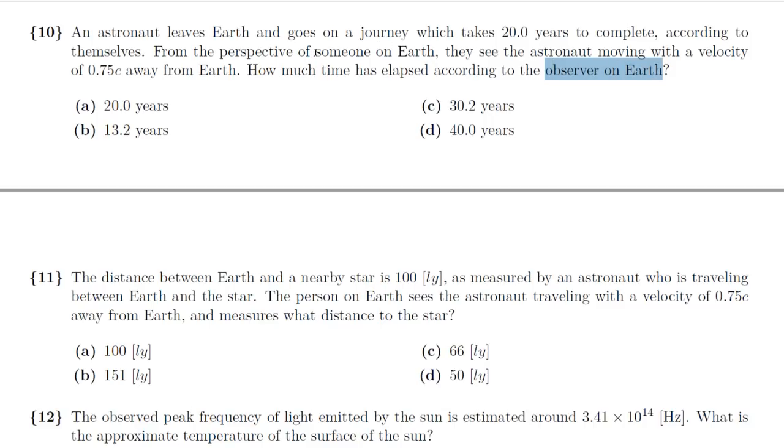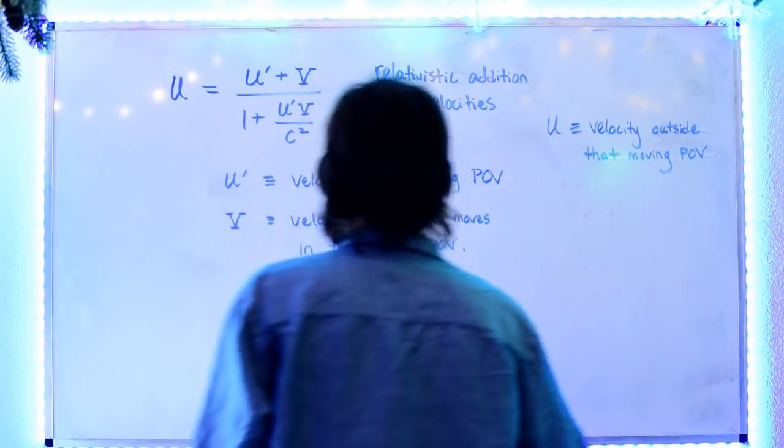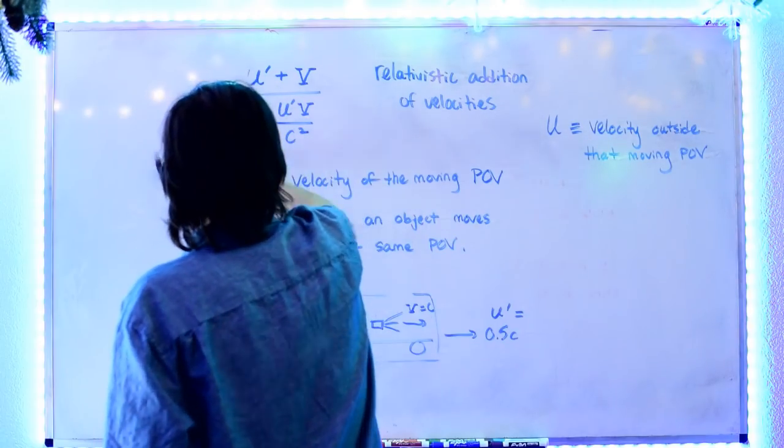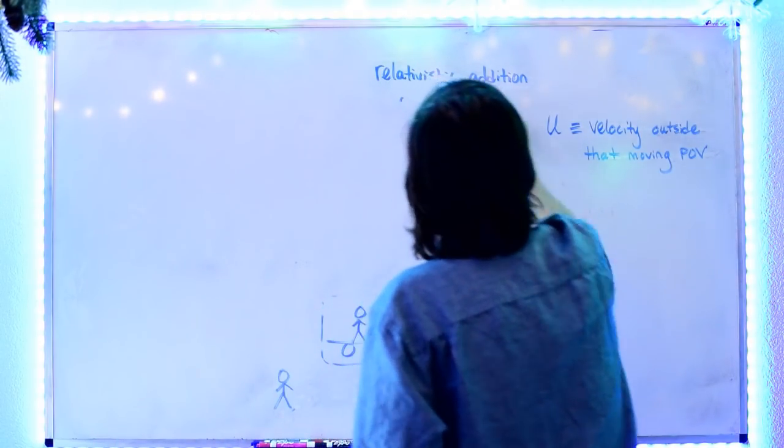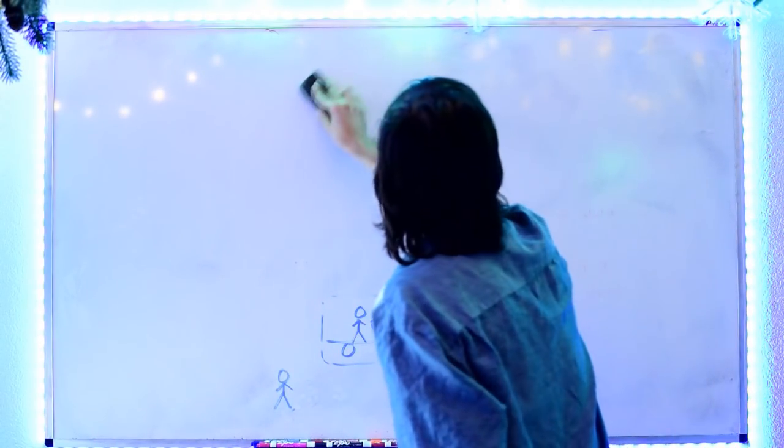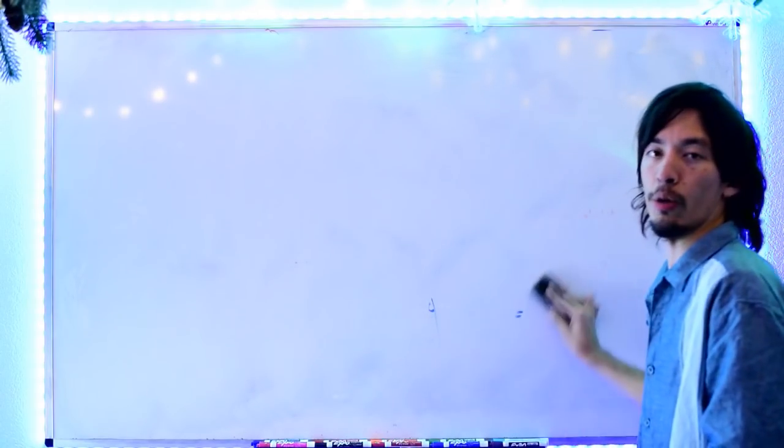This is an example of time dilation. So you're going to pull out the time dilation equation. Now you need to determine who is who in the equation.